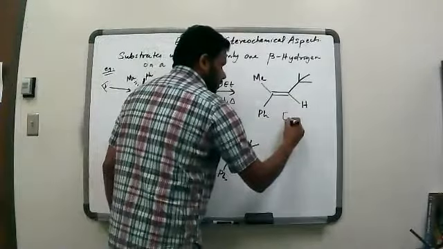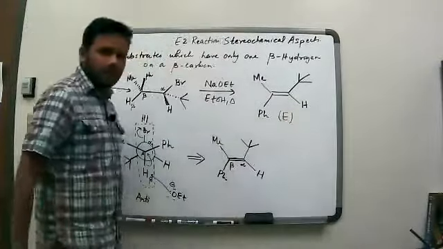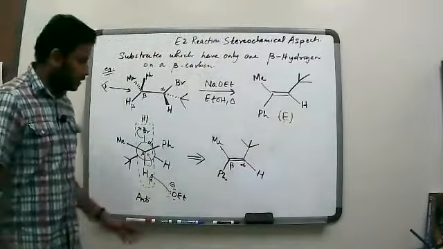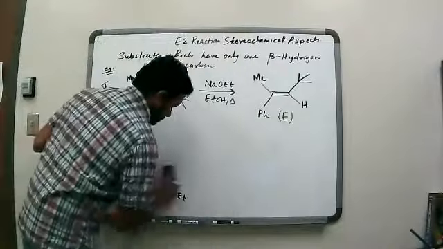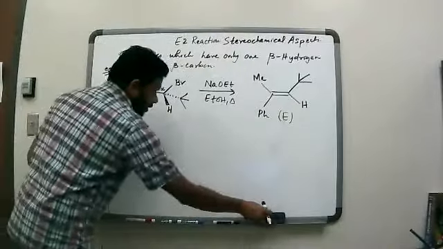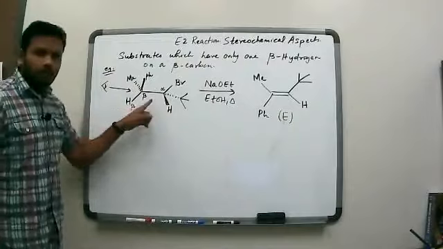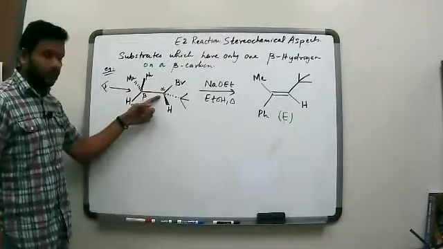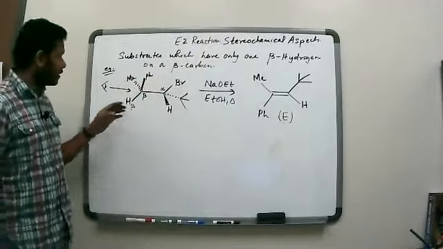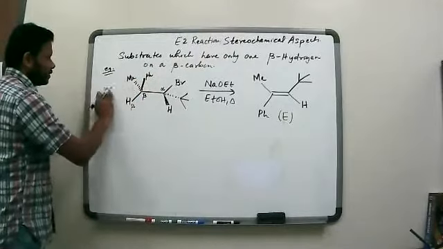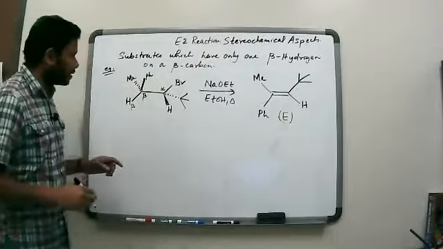This is an E alkene. Now what we're going to do is go ahead and assign configuration to this alkyl halide that we started with.